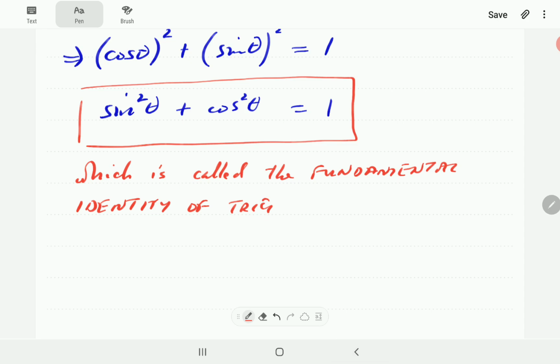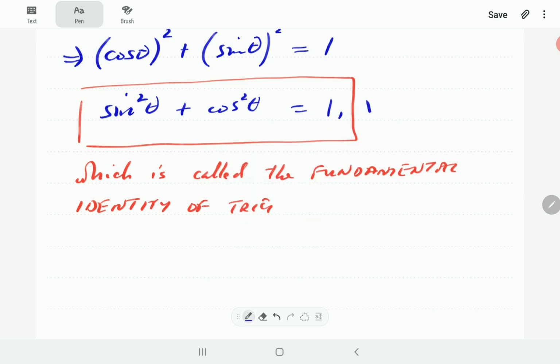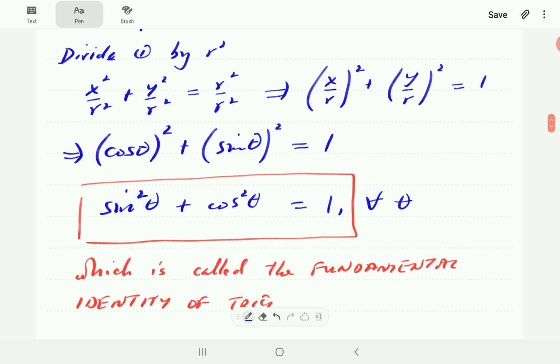And since this is always true, we're going to say this is true for all values of theta.